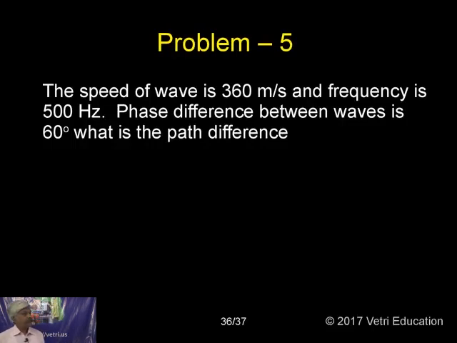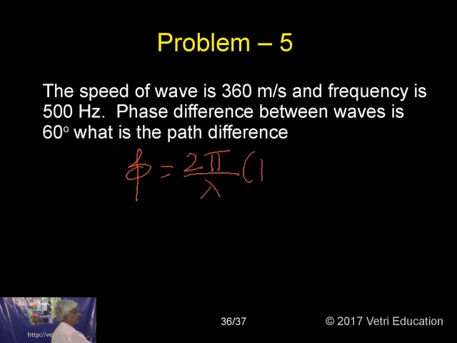The relation between the phase difference and the path difference I already gave. The phase difference phi is equal to 2 pi by lambda into path difference. If you know path difference, it is easy to find phase difference. If you know the phase difference, path difference can be calculated.